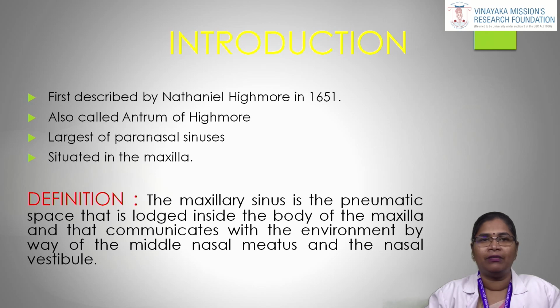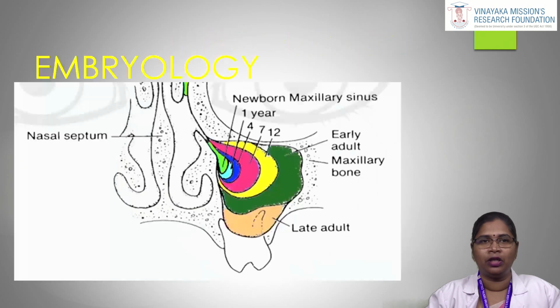To describe the developmental aspect, at about third month of intrauterine life, maxillary sinus develops from invagination of mucous membrane of the middle meatus, this portion of the nasal cavity. At birth, it is tubular in shape.